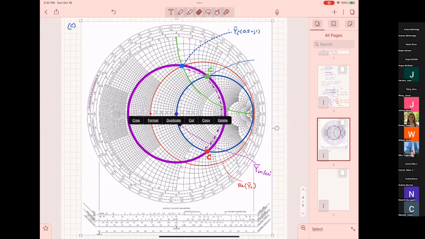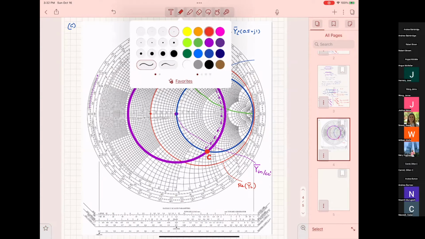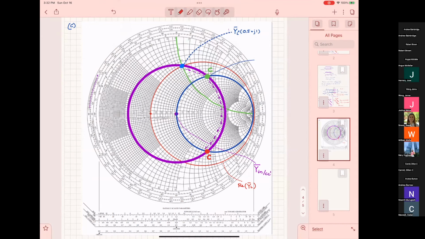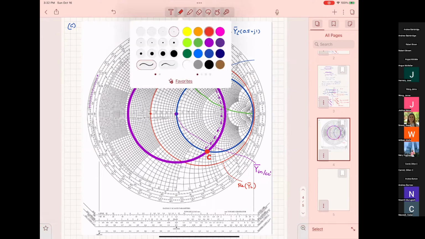But I'm wondering, if we're changing the reactive part by normalizing it, or going to the center, or to the blue circle, wouldn't that be changing the reactive part? Yeah, it would be changing it. I'll tell you how.